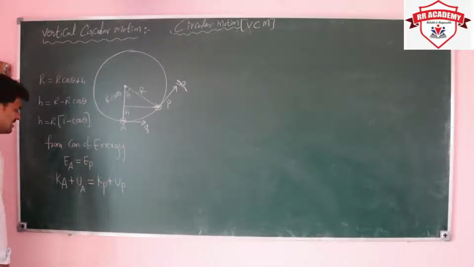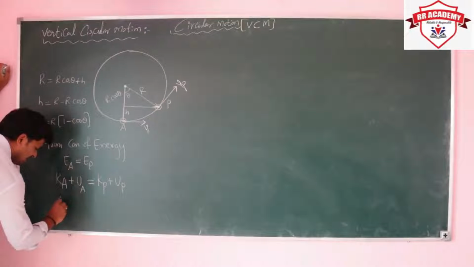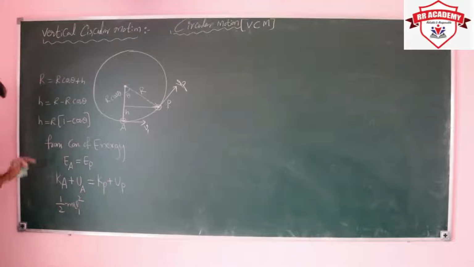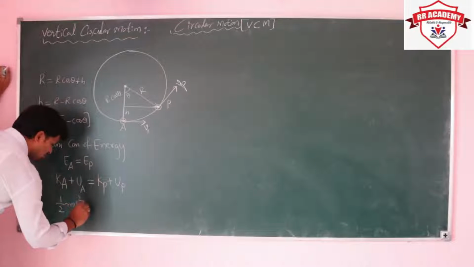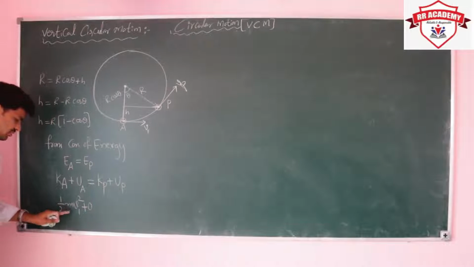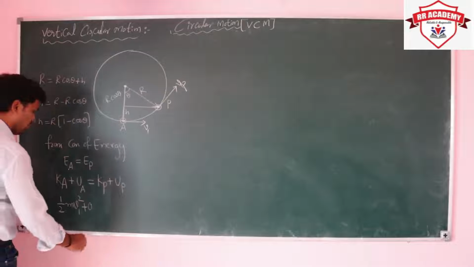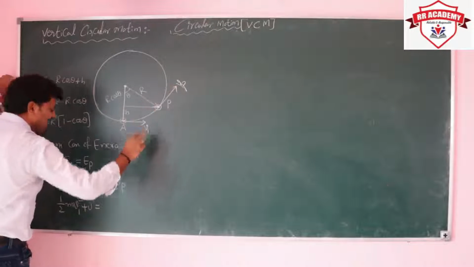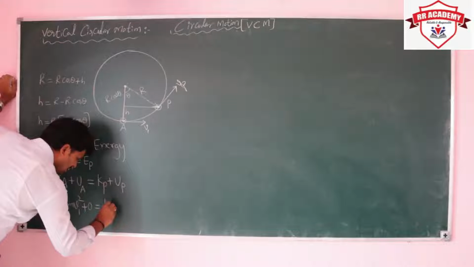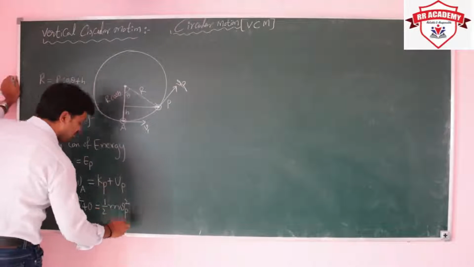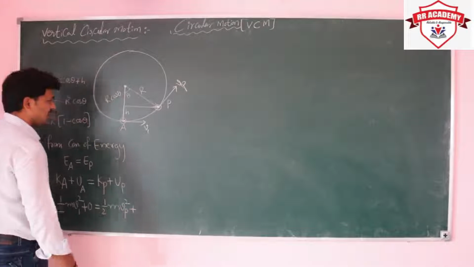We consider the mass of the body as m. Then the kinetic energy at point A is half m v1 square, plus potential energy 0, which is equal to the kinetic energy at point P, half m Vp square, plus potential energy.